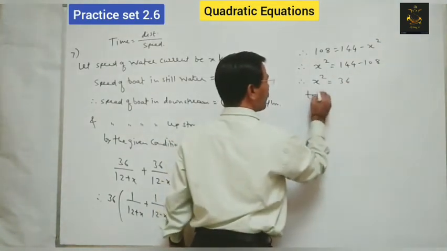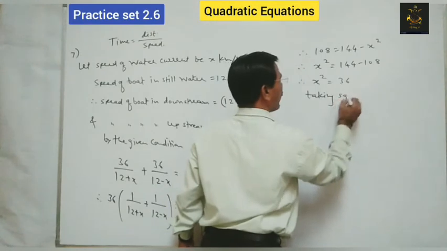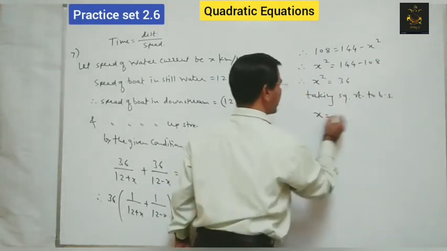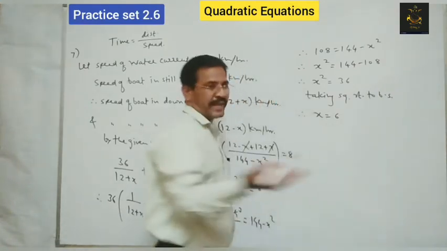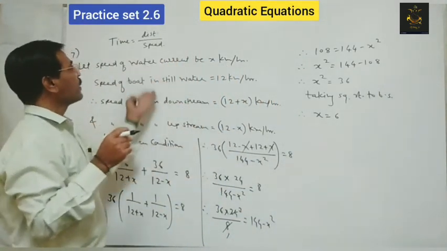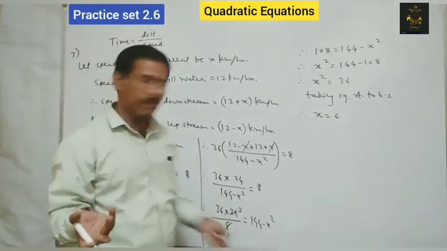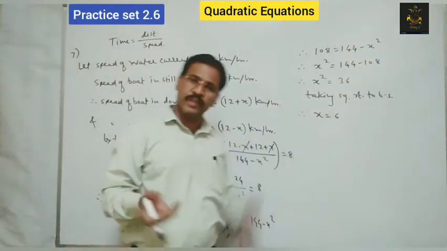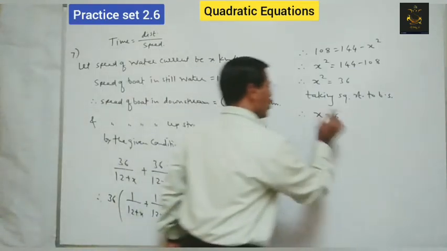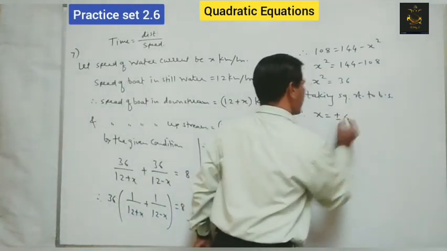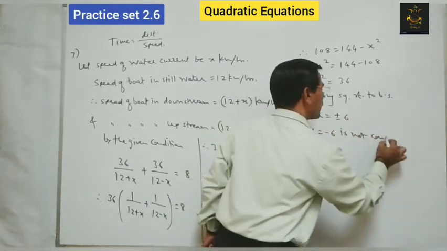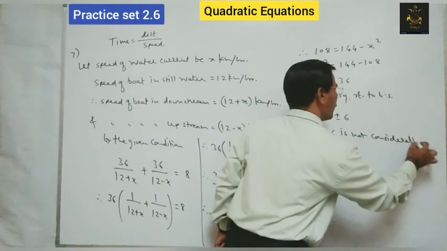So taking square root on both sides, x equals 6. No need to take the minus here. Why can't we take minus here? Because speed is never negative. That is why just write x equal to 6. What is this 6? This is the speed of water current. Or you may write plus or minus 6, but x equal to minus 6 is not considerable.